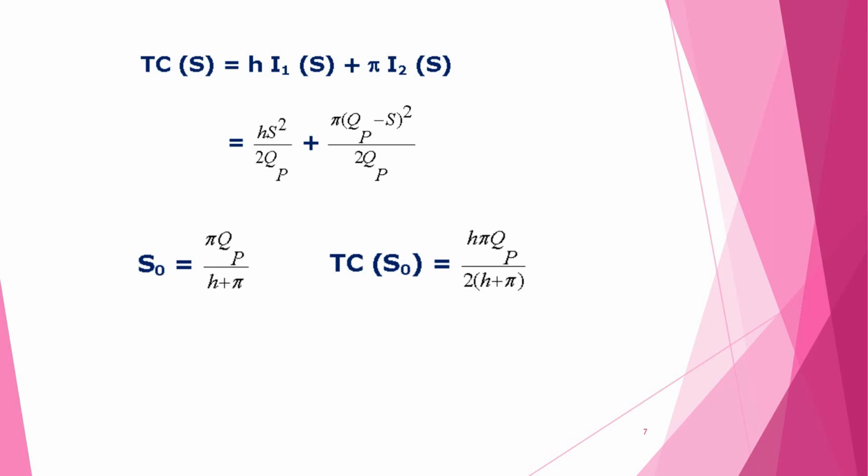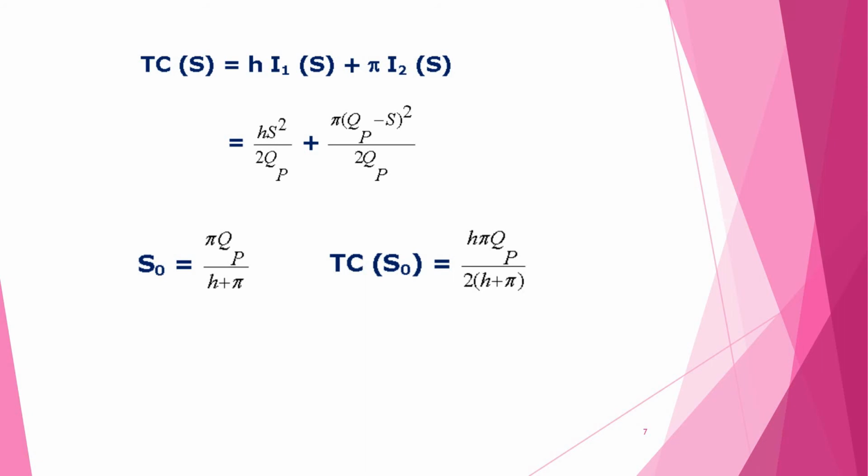We had found the formula for total positive inventory as S square upon 2QP, and it is held at inventory holding cost H. So total positive inventory holding cost is H S square upon 2QP. Similarly, total shortage cost per time unit is pi into QP minus S whole square upon 2 into QP.